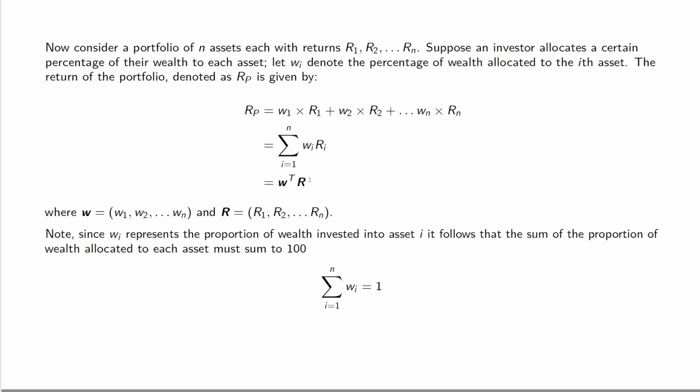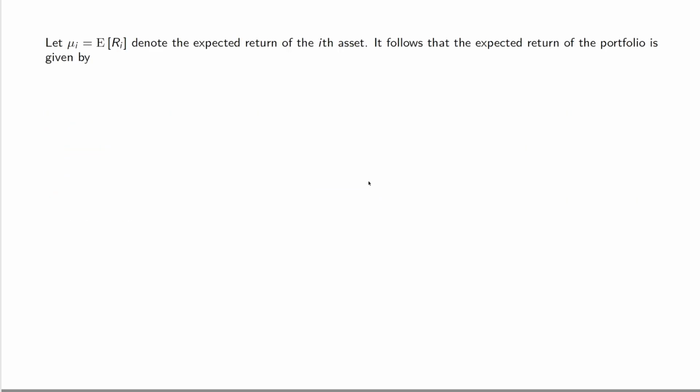Using this, we're going to find the expected return of the portfolio based on this summation. So we're going to let mu i denote the expected return of the ith asset.